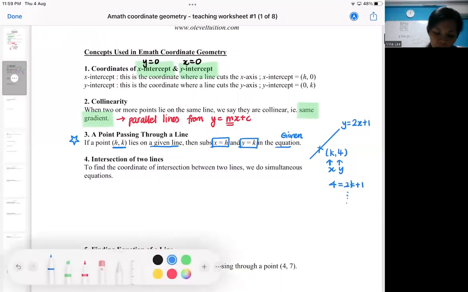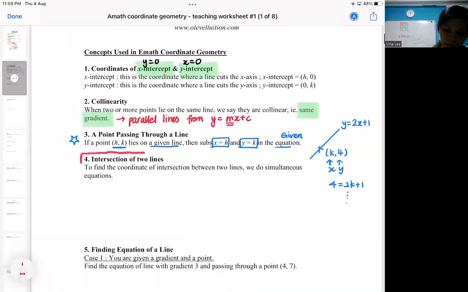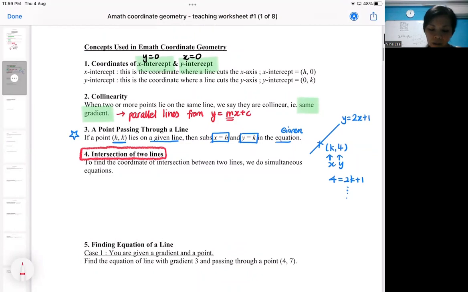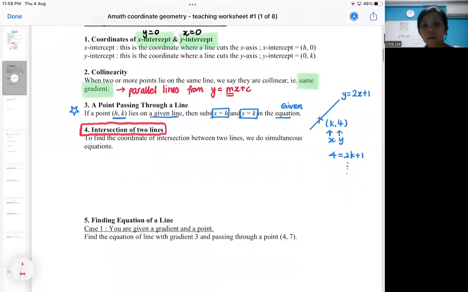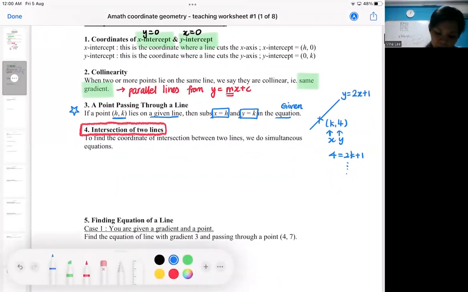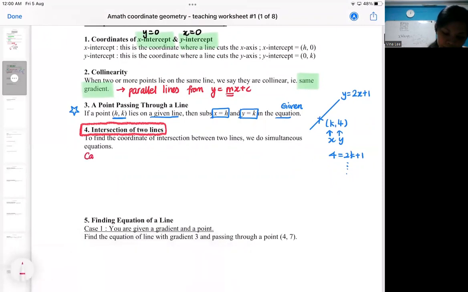One of the most important features will be intersection. If you couldn't recognize intersection, you get stuck in a lot of cases. There are two scenarios that you will need to take note of. The first scenario is you get two straight lines.